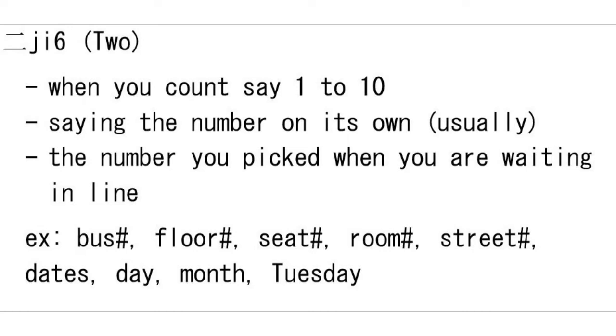So if somebody were to say, hey, next in line, number 2, that person will be using yi. Other examples, bus number, floor number, seat number, room number, street number, dates, days, months, Tuesday, those will all be yi. So say it's February 2nd, Tuesday, those will all be yi.